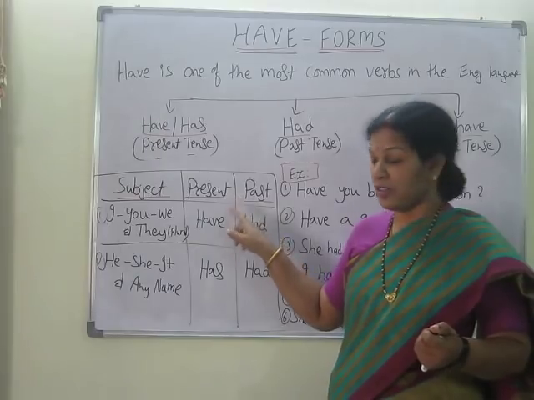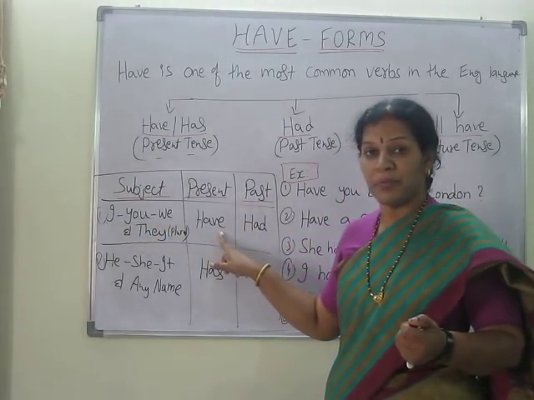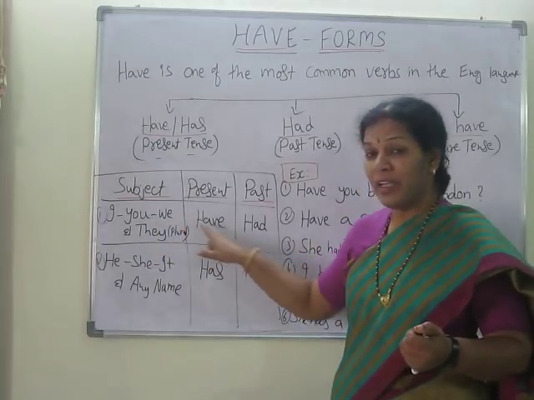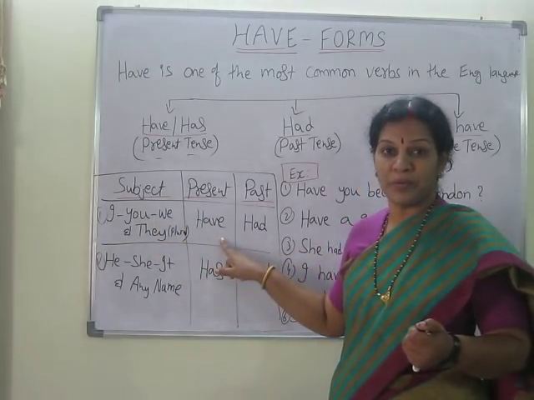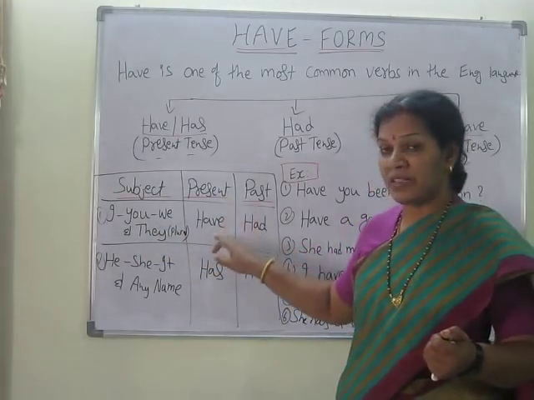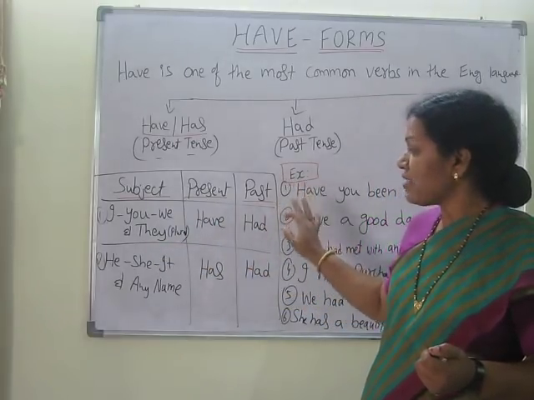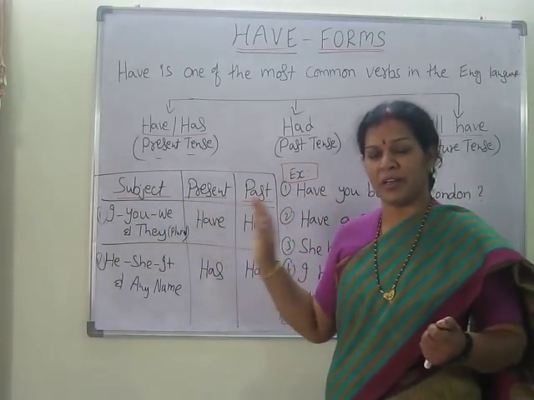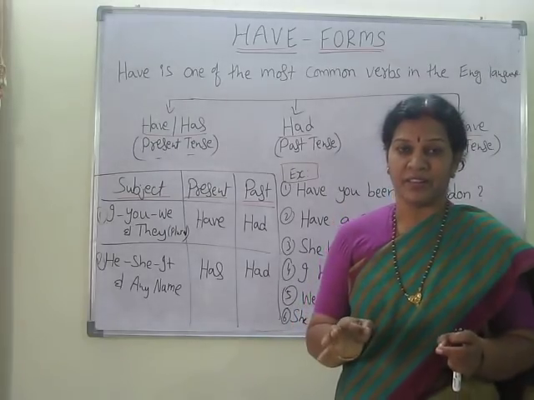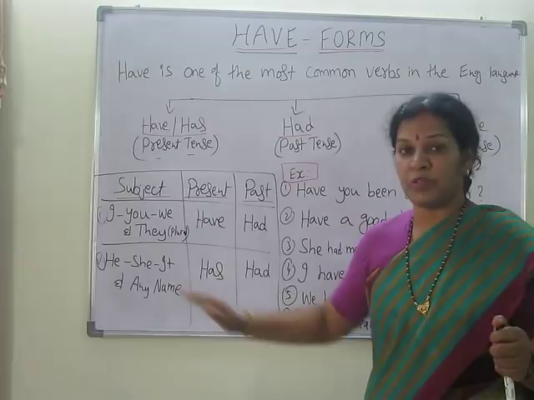If it is present, we say have. I have. You have. We have. They have. Isn't it? So we use have for the present tense of I, you, we, they. For the past tense of the same, we say had. Just the past, had.